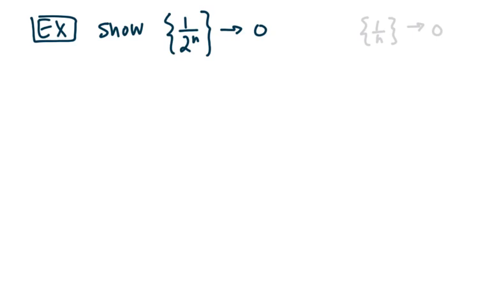And 1 over n is larger than 1 over 2 to the n, because if I let n be just 1, 2, 3, 4, etc., I would have 1, 1/2, 1/3, and 1/4.